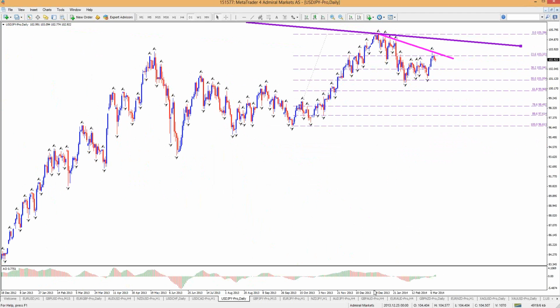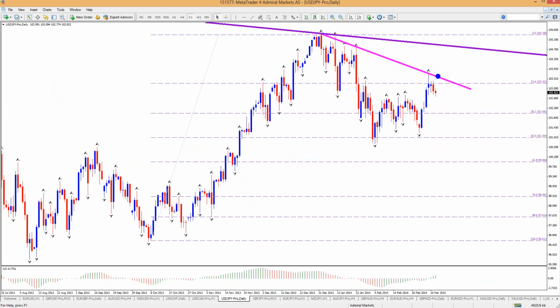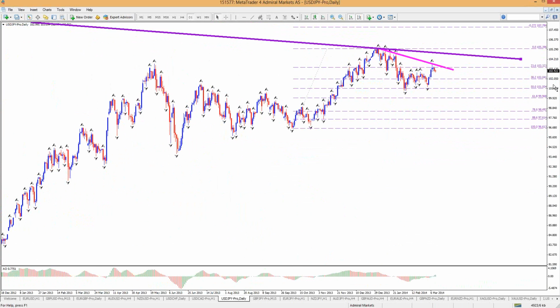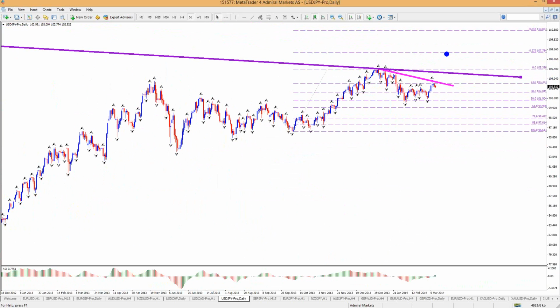If we break magenta, then we have a trade up to the monthly trend line, and that's something that could be resistance again. Okay, so if we break purple, then there's really a decent space here, up to the -272 and up to the -618. All right, we talked about this yesterday, so I don't want to emphasize or dive into it too long, but that would be the space to the upside.